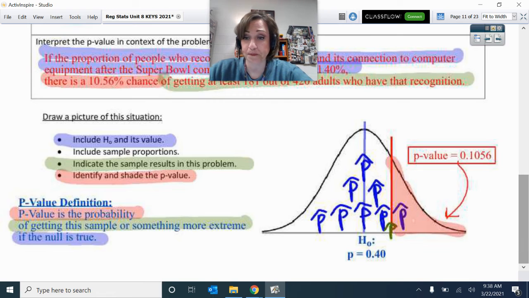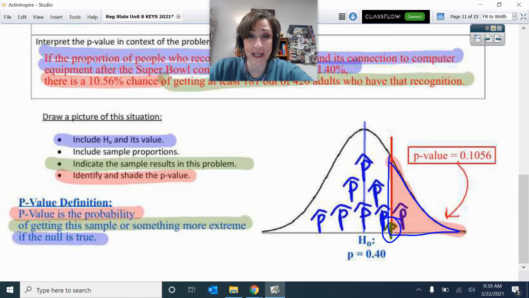So take a look here. If the data is centered around 0.40, then here's what it would look like. And see my sample here at that p-hat at 0.43. So there's a 10.56% chance of getting this sample or something more extreme if the data is centered around 0.40.